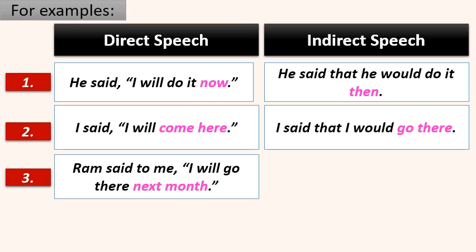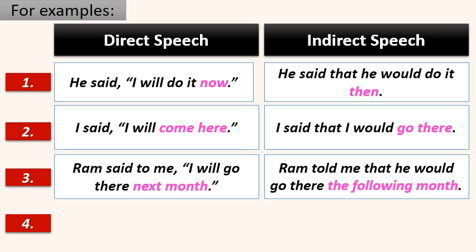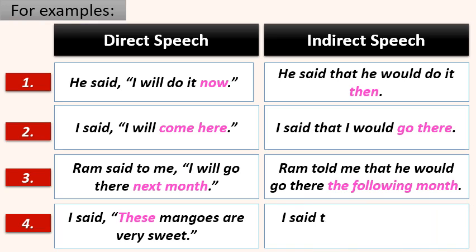So the sentence will be Ram told me that he would go there the following month. Number 4, I said, "These mangoes are very sweet." So in indirect speech sentence will be I said that those mangoes were very sweet.